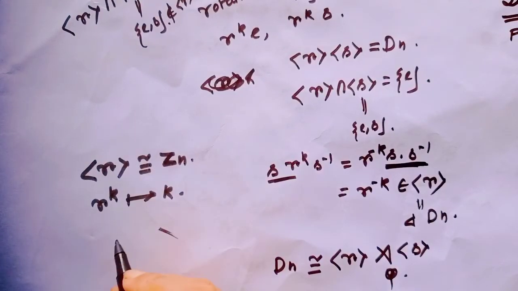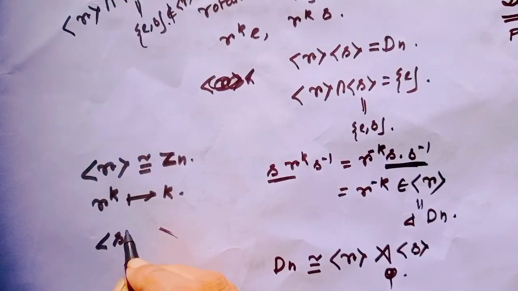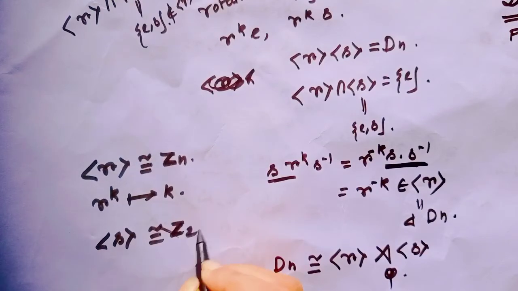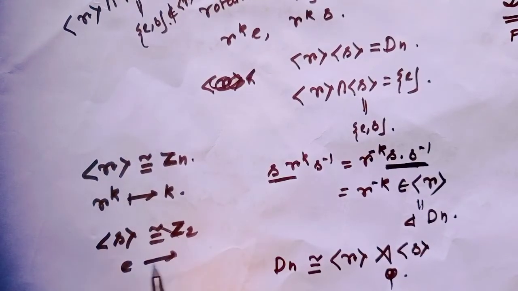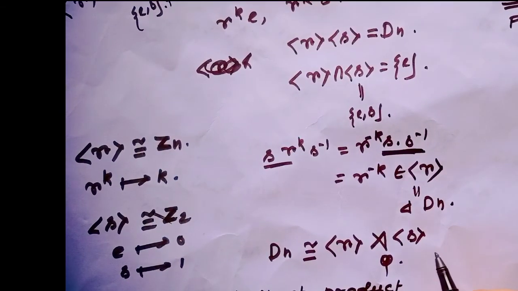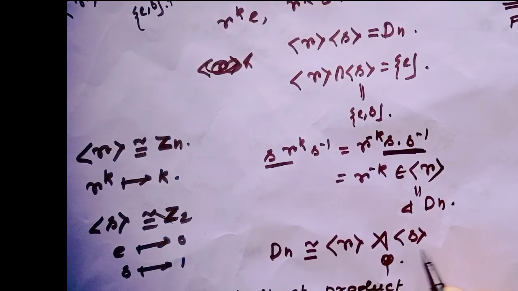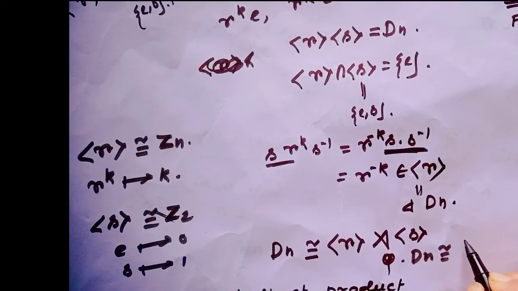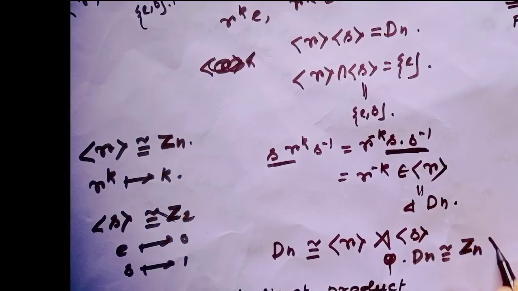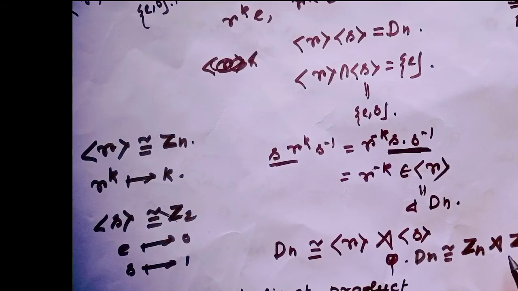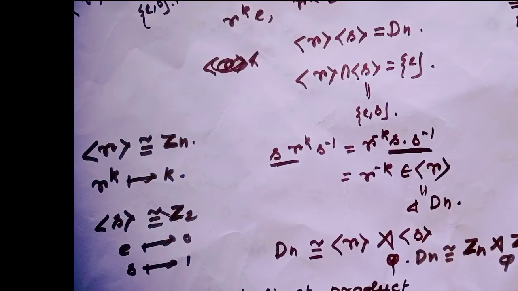And also the cyclic subgroup generated by S is isomorphic to Z2, where E tends to 0 and S tends to 1. And so now we can replace this: Dn is isomorphic to Zn semi-direct product Z2 with the homomorphism phi.